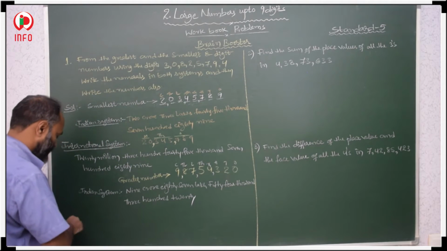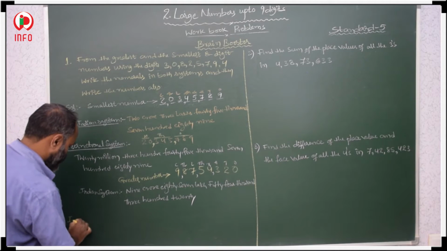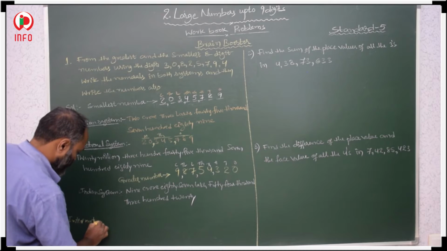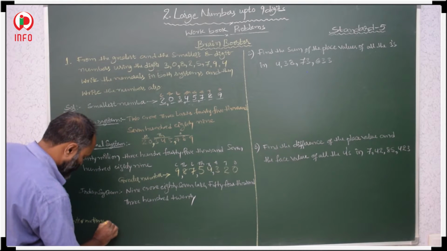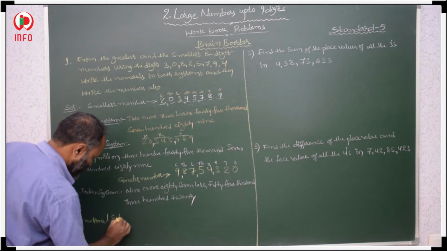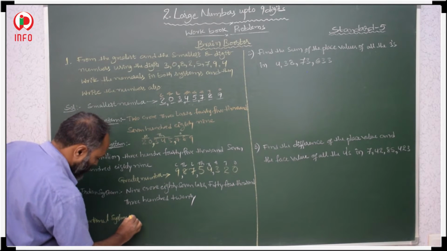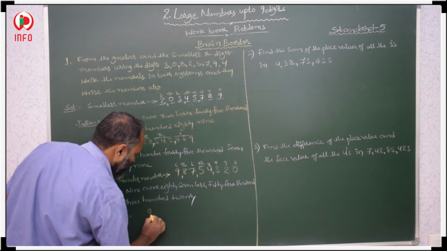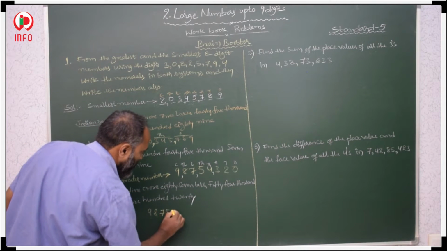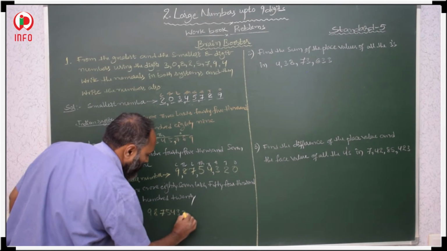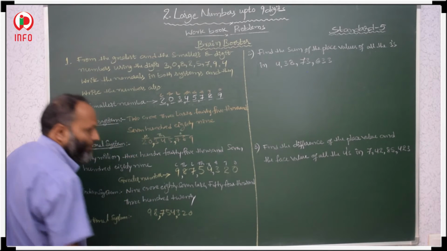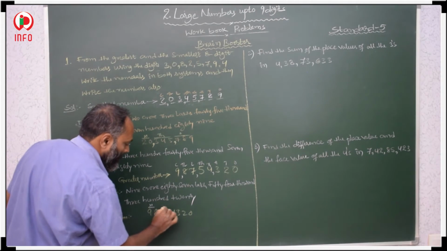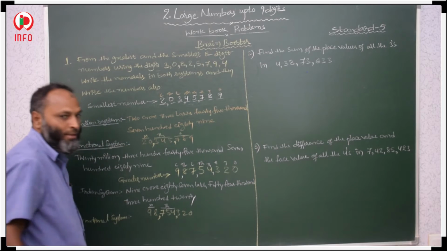Now the international system. Take the number 98754320. After 3, after 3. This is the millions place, this is the thousands place.